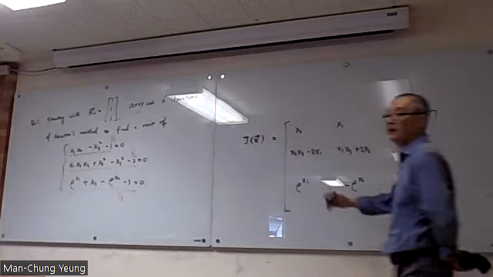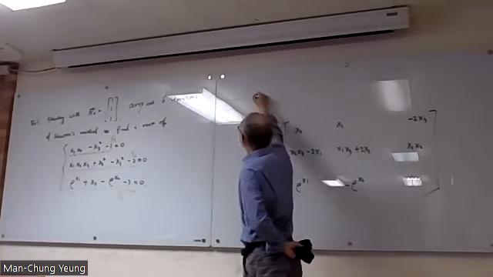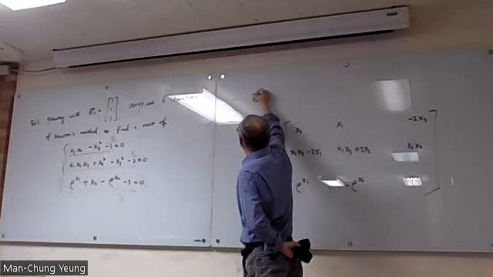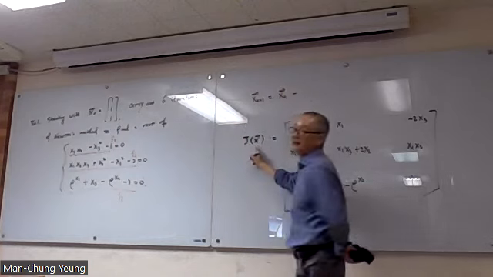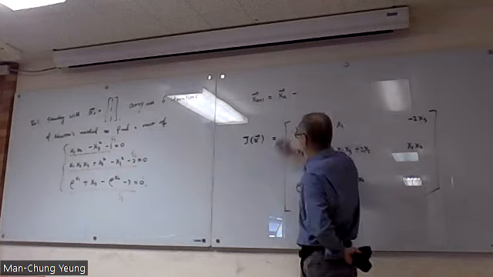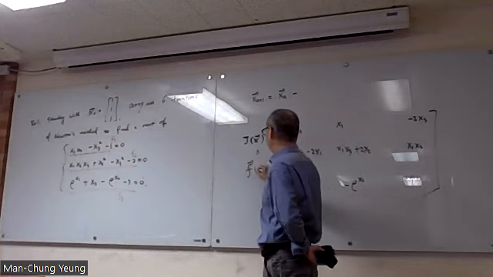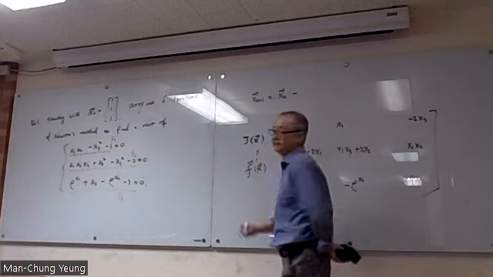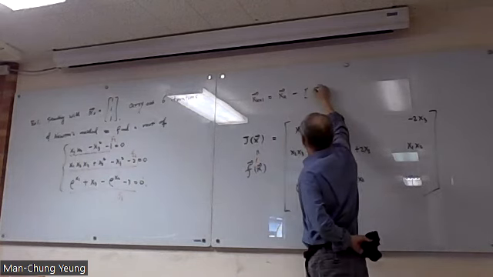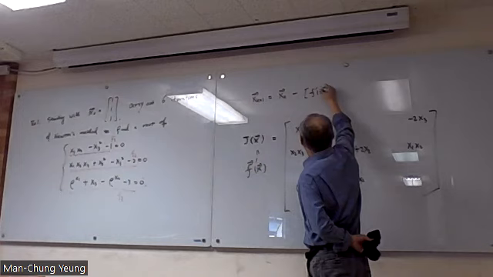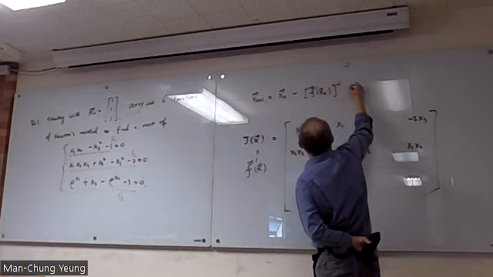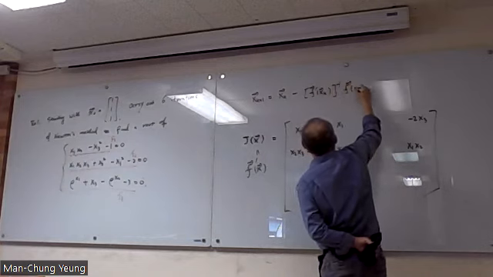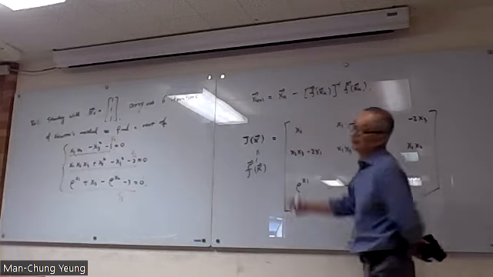Now, the Newton formula is x_{k+1} equals x_k minus the inverse of the Jacobian at x_k times the function value at x_k.